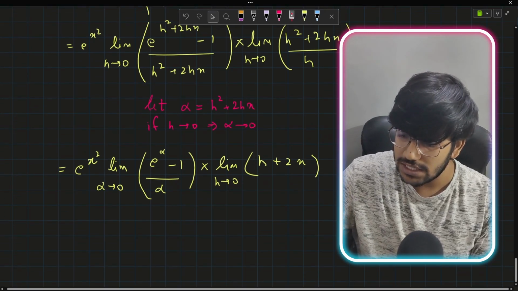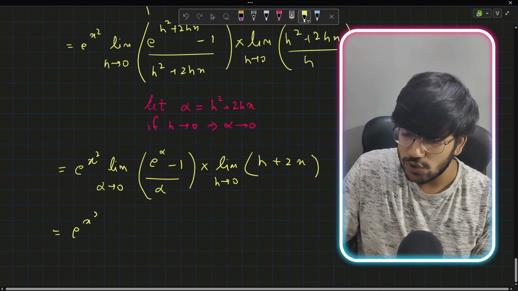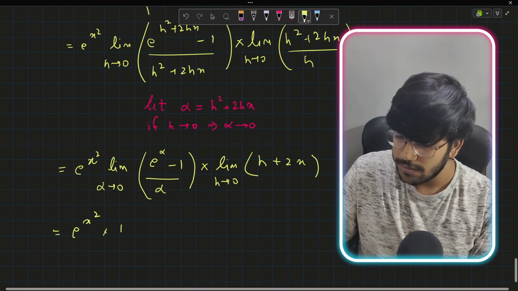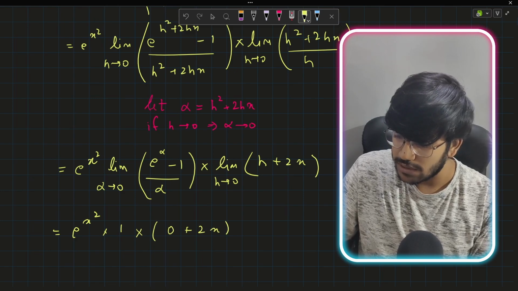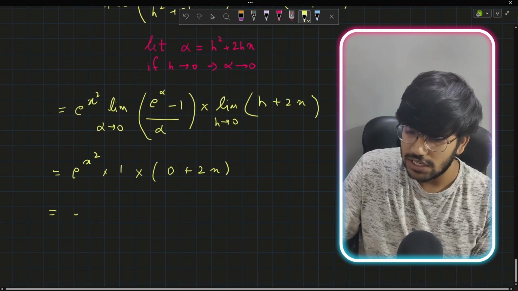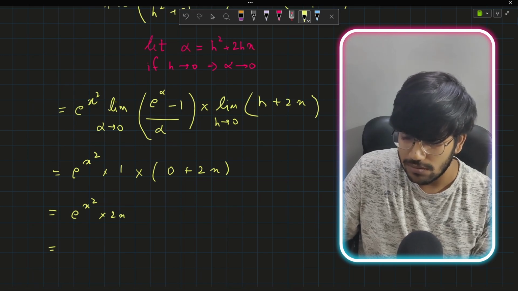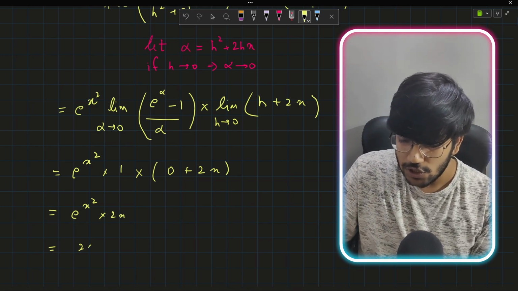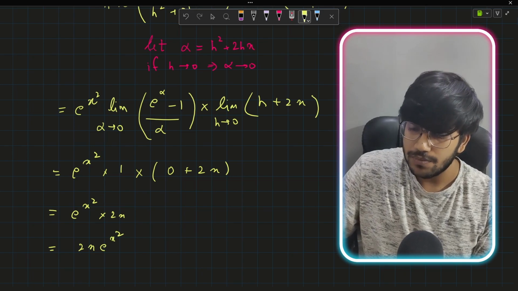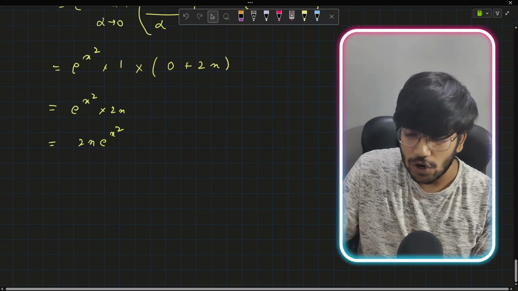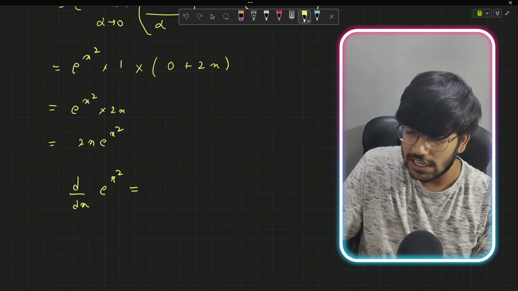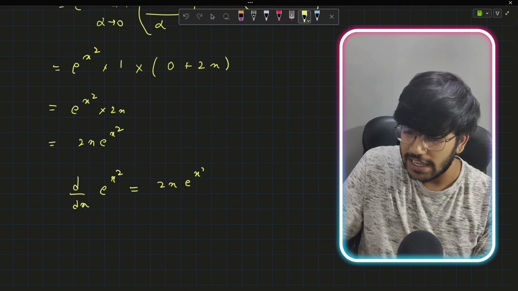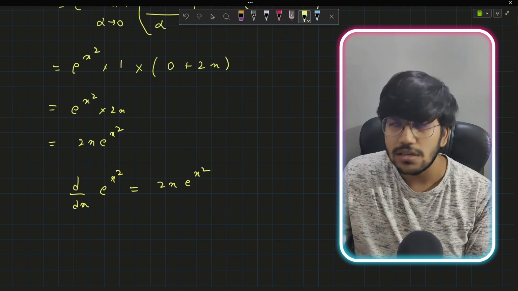What we get is e to the power x square times 1 times (0 plus 2x), and this gives us e to the power x square times 2x, which, rearranging the terms, is 2x e to the power x square. So finally we got what we wanted. d by dx of e to the power x square is 2x e to the power x square by both chain rule and first principles.